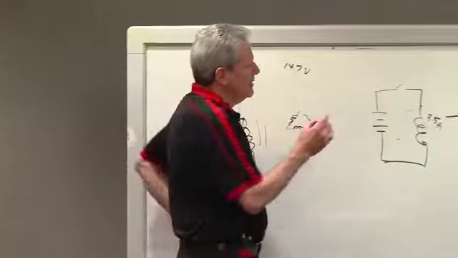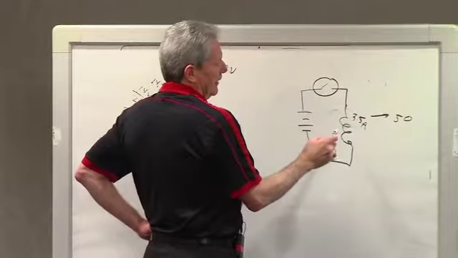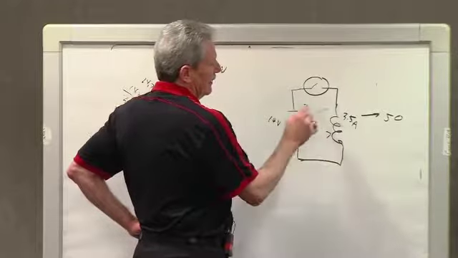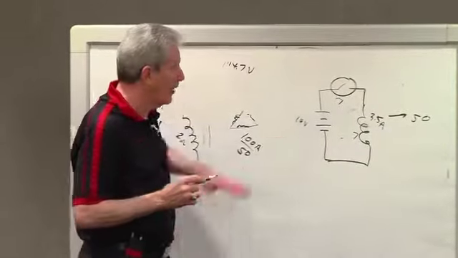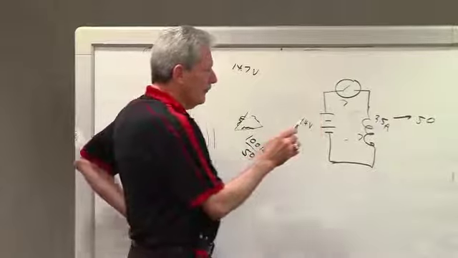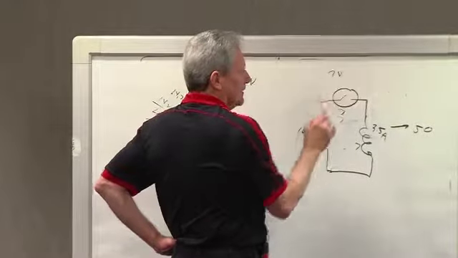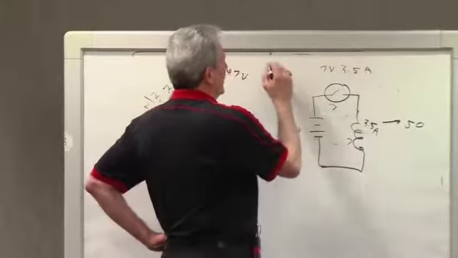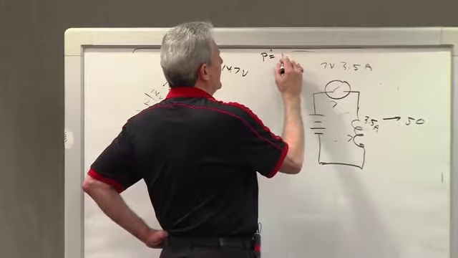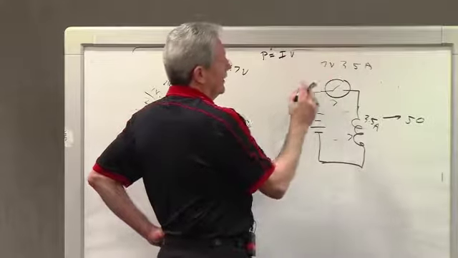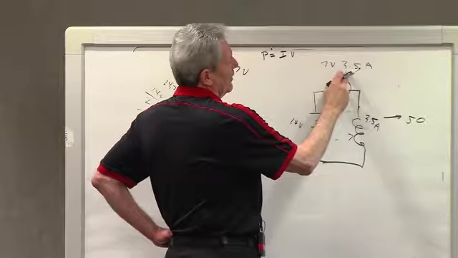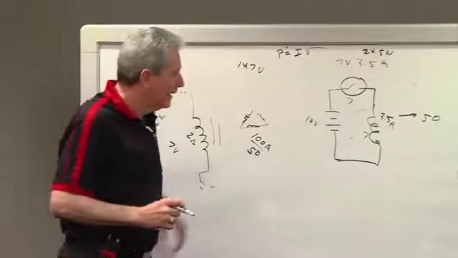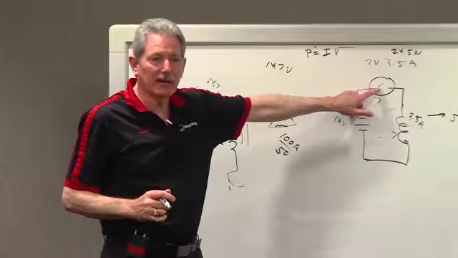At this switch now, let's say this is 14 volts. Now I've got 7 volts here, and I've got 7 volts on my switch. So now I have 7 volts times 3.5 amps. Remember, Ohm's law of power is equal to IV. So now I've got 24.5 watts that I'm dissipating in a voltage regulator.